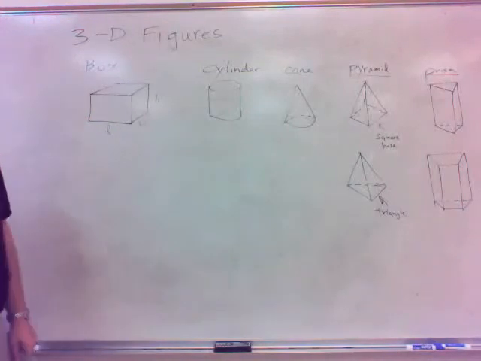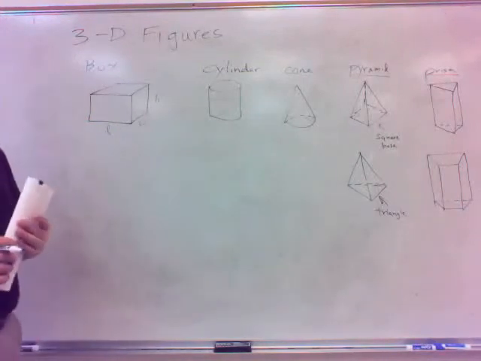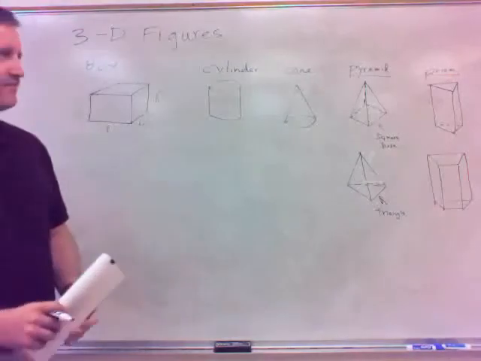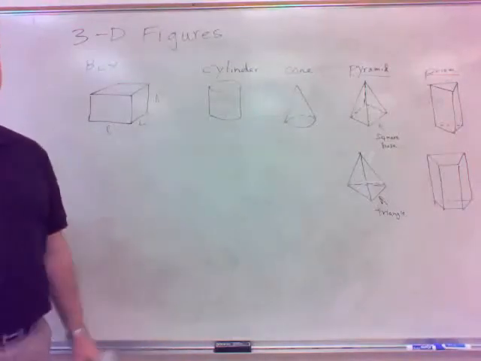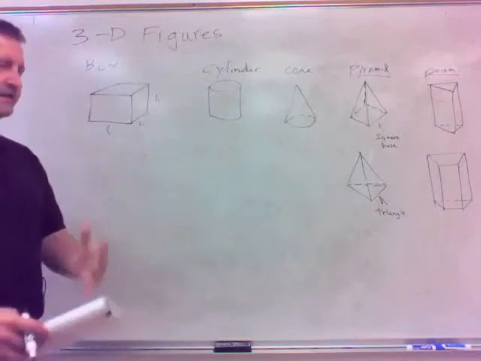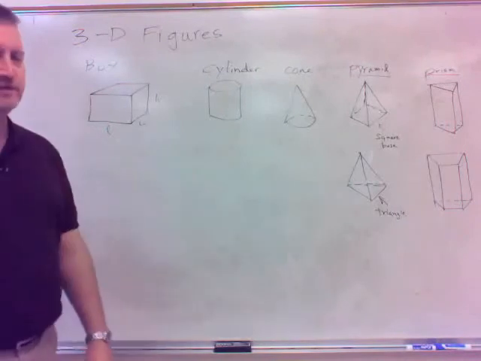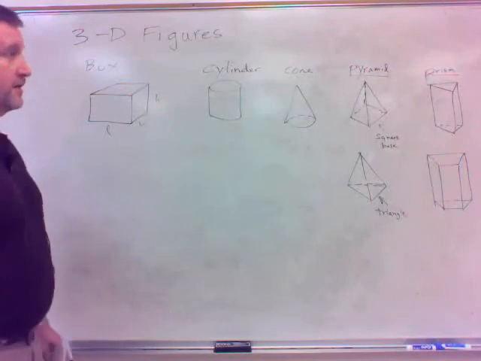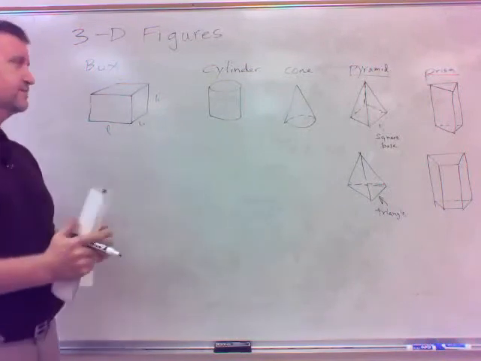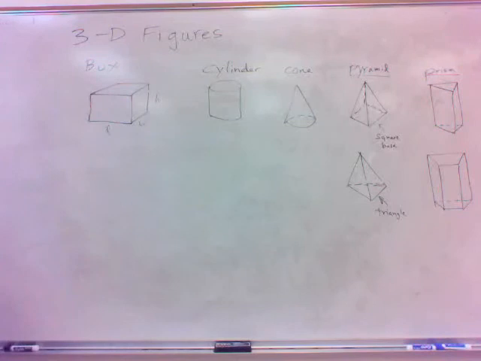That is another possibility for a prism. You can have a hexagon be the top and the bottom of the prism. You can have a dodecagon be the top and bottom of the prism. Any polygon could possibly be your top and your bottom of your prism. So anyway, that's some of the shapes. We've got a few more, but those are some of the basic ones.